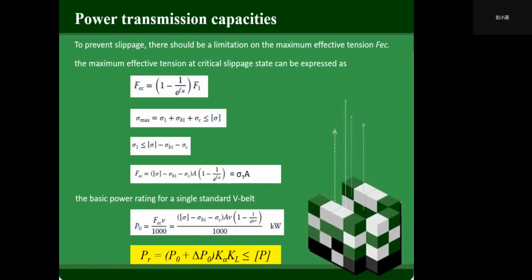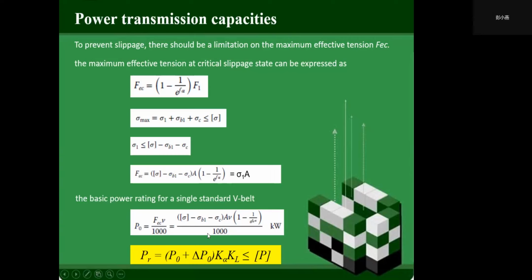And in practice, a given belt can carry a greater power as the speed ratio increases. The increment of transmitted power is delta P0.